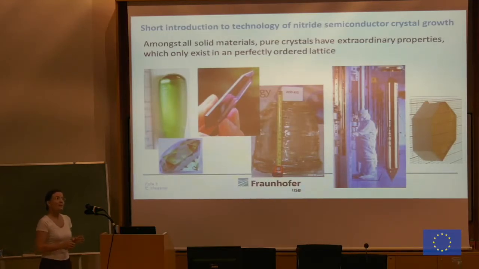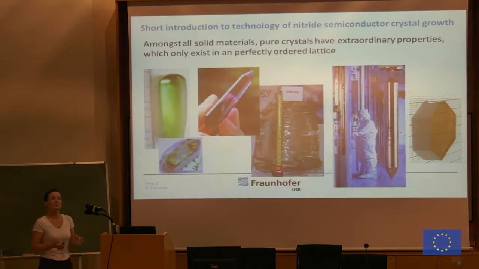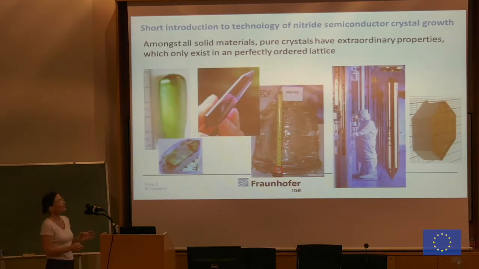So what can we say about crystal growth? This is maybe not familiar to all of you. I'm a crystal grower, so what I always did is I cared about physical properties of crystalline matter. And the best of all for us, crystalline matter is a big crystal. And a big crystal we want because the crystal material, a pure solid material, normally has extraordinary properties which you cannot have from other types of material.